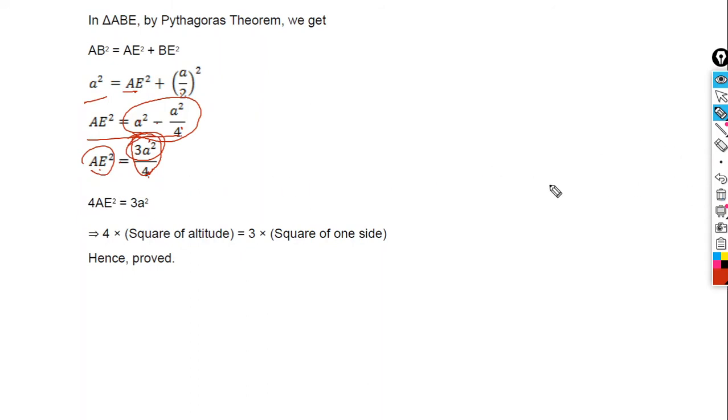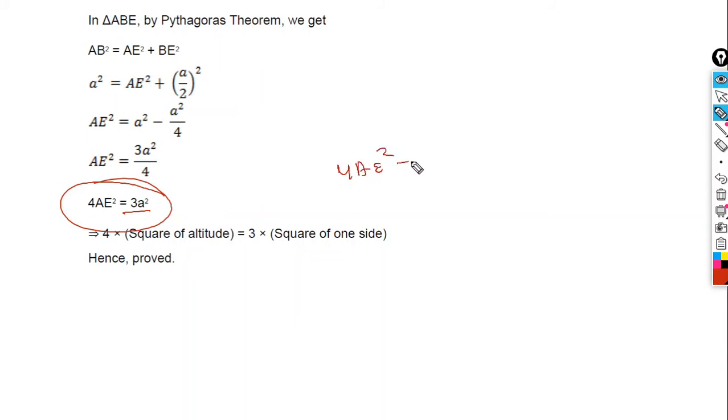Now again, here this 4, if we transpose to the LHS, it will be 4 AE square equal to 3A square. Now look at this line, 4 AE square equal to 3A square. The question was asking 4 times the square of the altitude will be equal to 3 into the square of one side, isn't it?